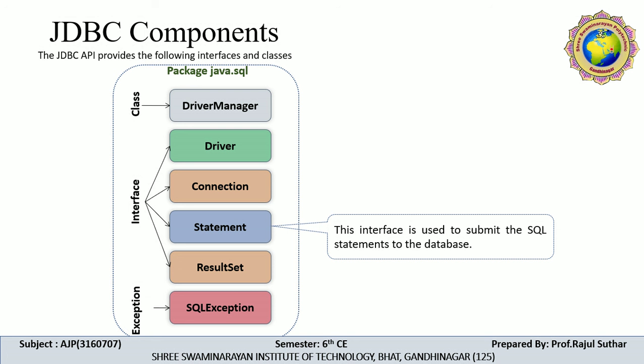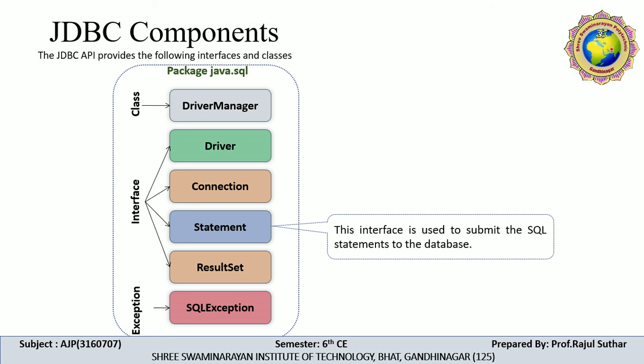While we are creating tables as well as removing tables, updating table information, and applying grant as well as revoke, savepoint, commit. This type of statement is covered in SQL. So this interface is used to submit the SQL statement to the database.